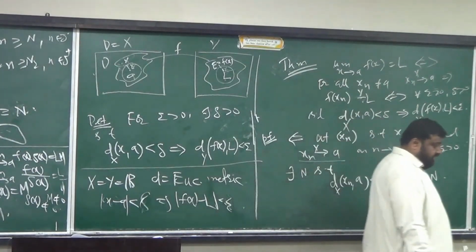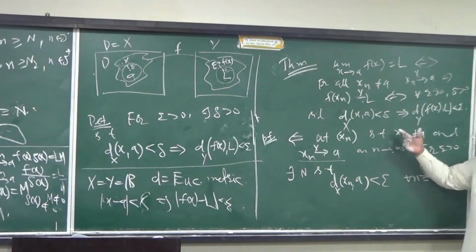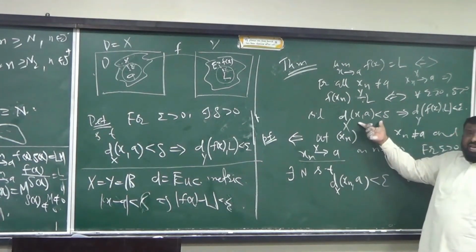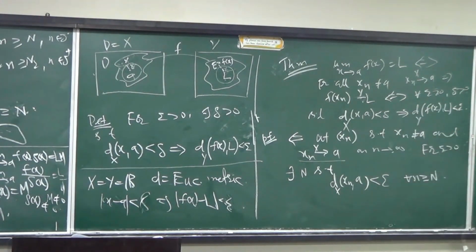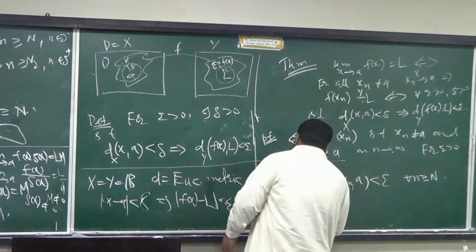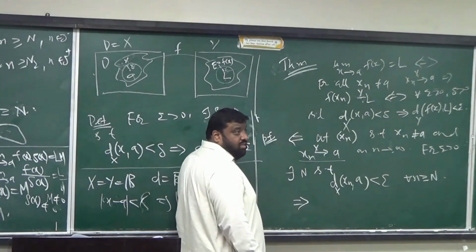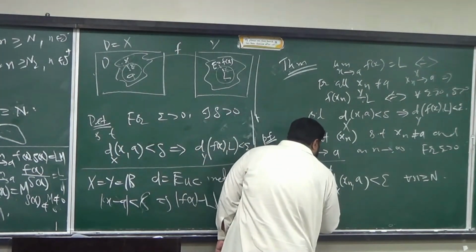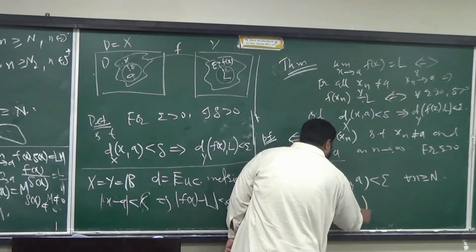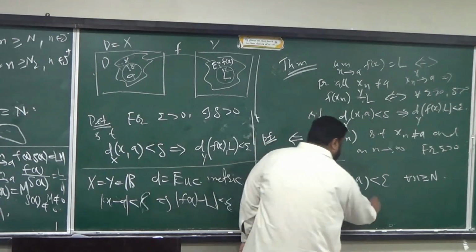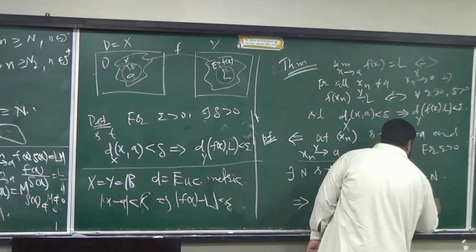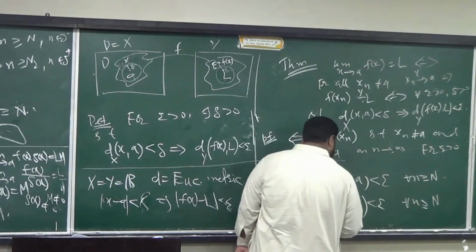Because we have the hypothesis. What is the hypothesis telling you? That whenever this happens, this will happen. So now since this is happening, what does this imply? That the distance between f of x_n and L is less than epsilon for all n bigger than or equal to N.